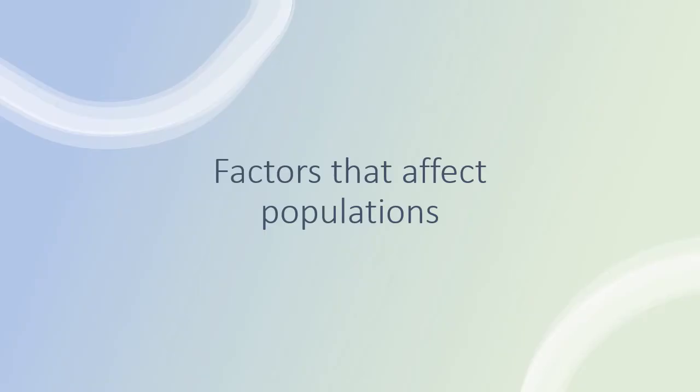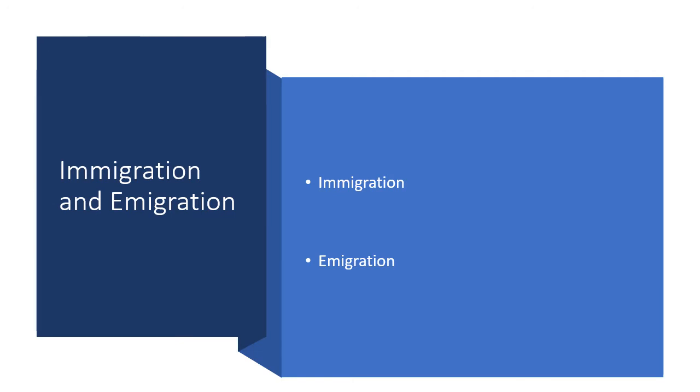All right, some factors that affect populations are number one, immigration and emigration. So immigration is when individuals come into a population.